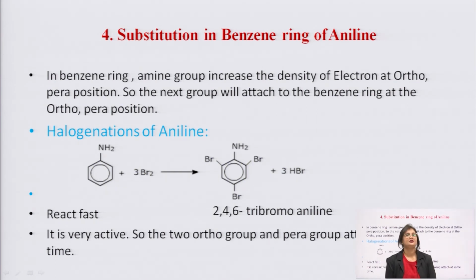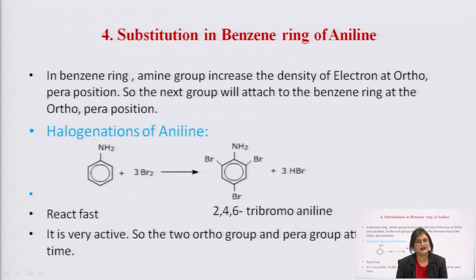Next, the fourth reaction involves substitution in the benzene ring of aniline. In the benzene ring, the amine group increases the electron density at the ortho and para positions.